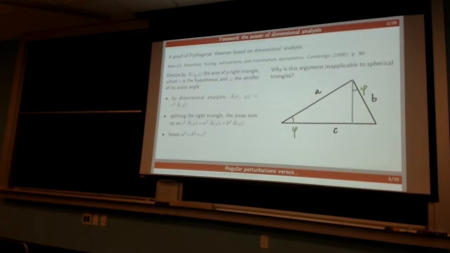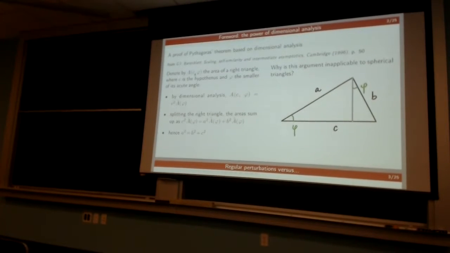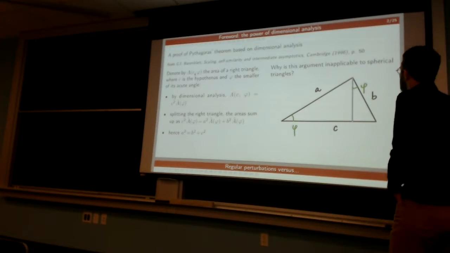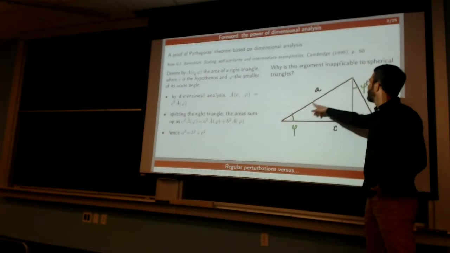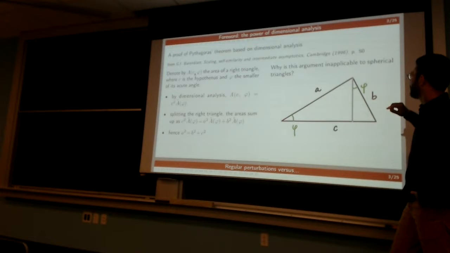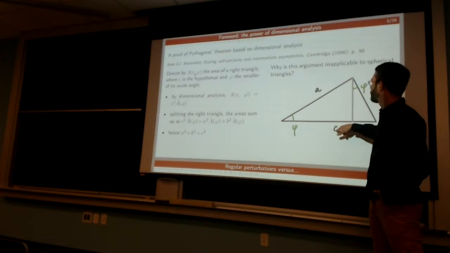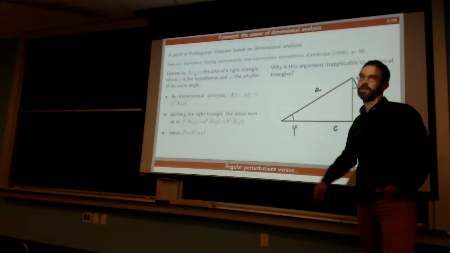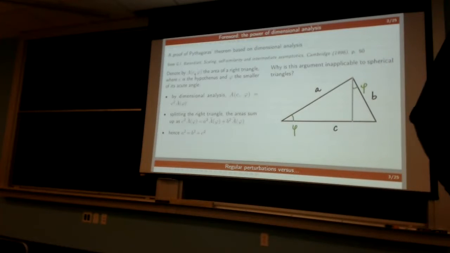So I don't know if you guys know this proof of Pythagoras theorem. I like it a lot because it really shows the power of dimensional analysis. So I found it in Barenblatt's book. The argument is not by Barenblatt, but it's mentioned there. So consider right triangles, and of course you know that if you know the hypotenuse and one of the angles phi, then you should be able to reconstruct the triangle.